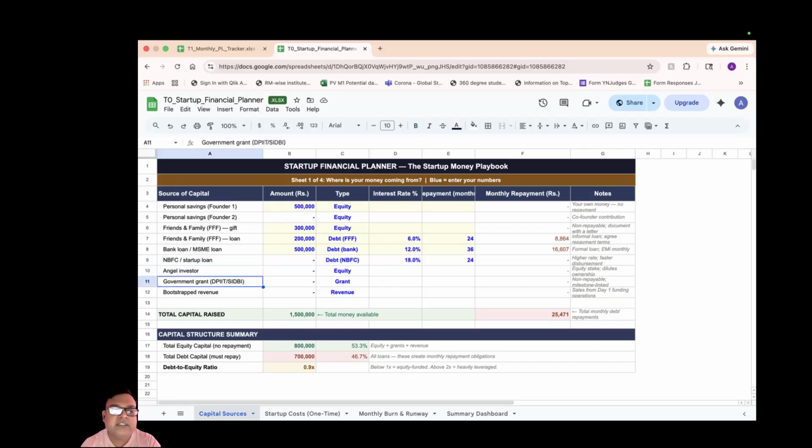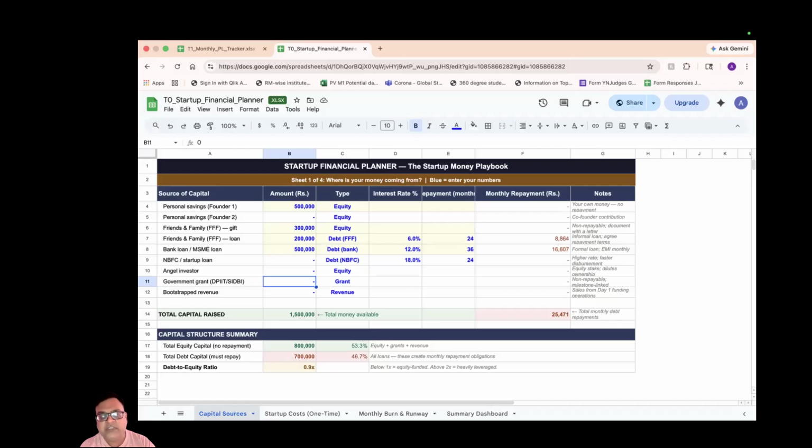Then government grants. Sometimes what happens is you raise the money and there are a lot of government schemes. Okay, there are a lot of yojanas, particularly in India. If you do your startup, get registered in the DPIIT, right? You'll get a lot of benefits. And that amount that you get in the form of a grant, the good thing is you don't have to pay that back. There is no interest, nothing. It's your money.